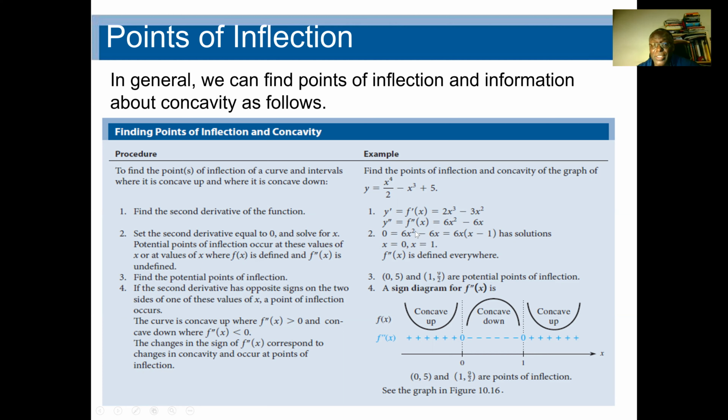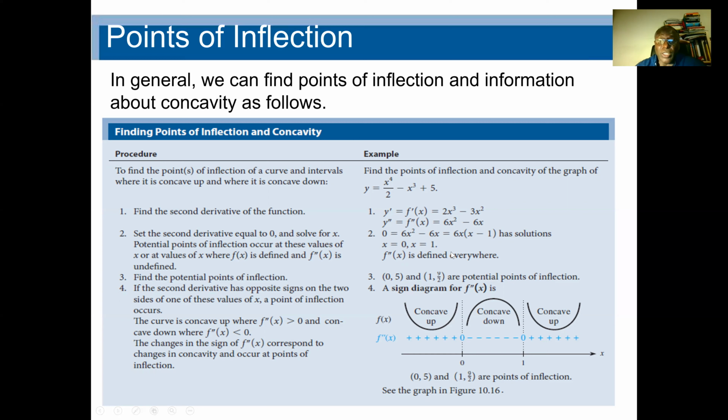This is a different concept from concavity. When I find the second derivative, I take one of the interval points, plug it in. If the result is greater than 0, it's concave up. If it's less than 0, it's concave down.